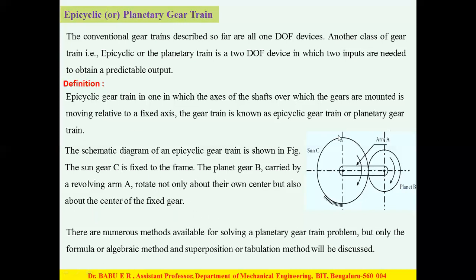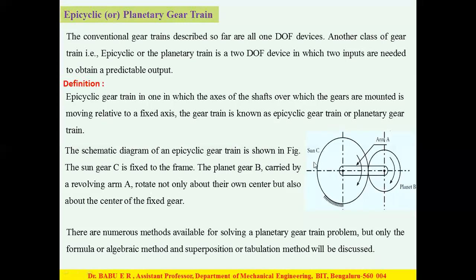So it consists of a sun gear and a planet gear. The sun gear is fixed. The planet gear carries the arm. The planet gear rotates about its own axis, and along with this, the planet gear B revolves about the sun gear C with respect to the arm.